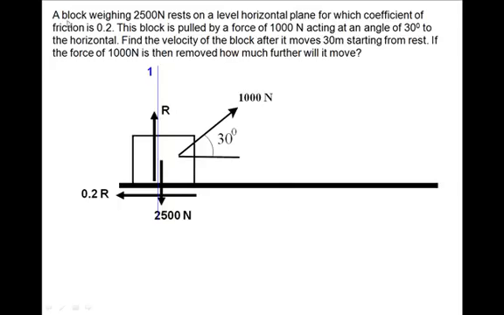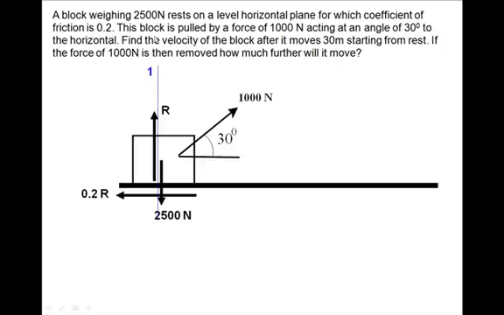First problem, it says a block weighing 2500 Newton rests on a level horizontal plane. That is, this is a plane, this is a block, it weighs 2500 Newton and it is resting here, and this plane has coefficient of friction 0.2.